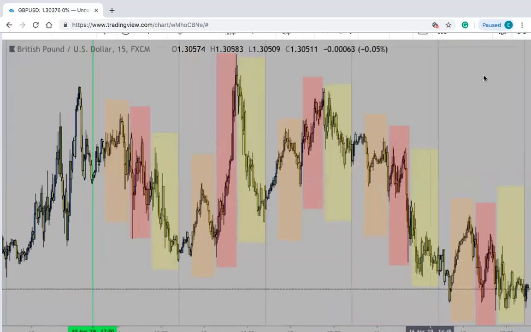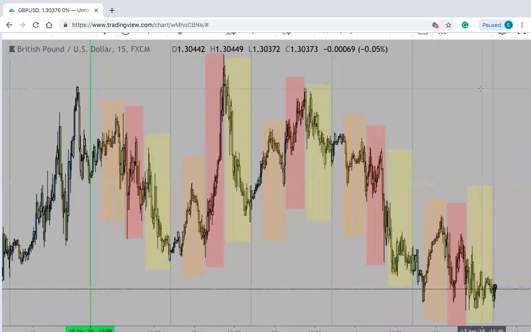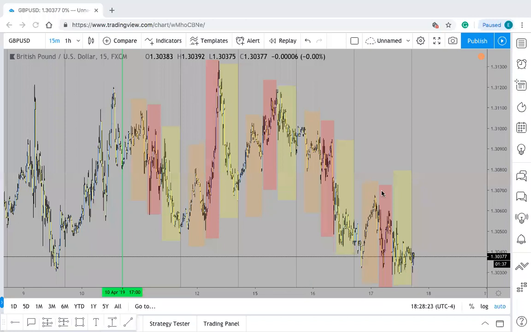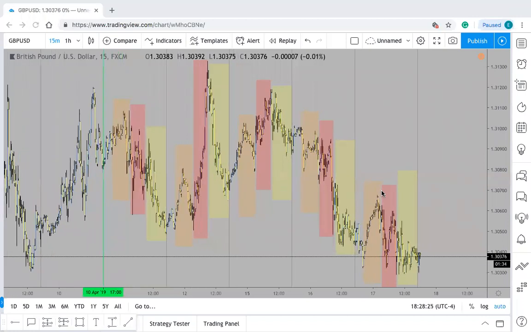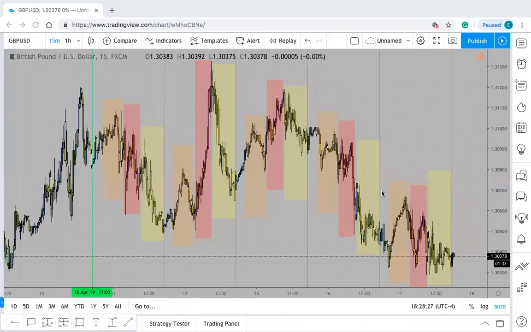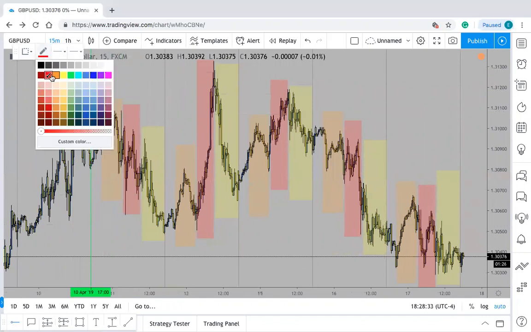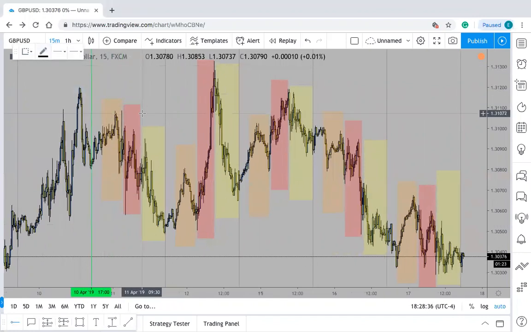Now, the next thing you want to do is look for all your ranges. We know that in the market maker session, the initial high of the day and the initial low of the day are set during Asia.